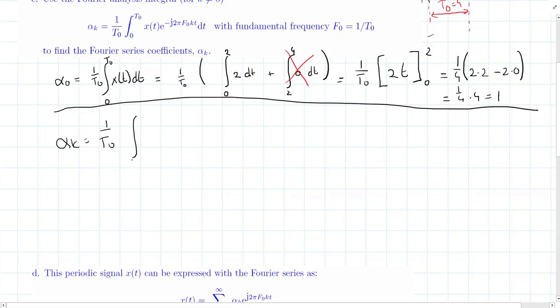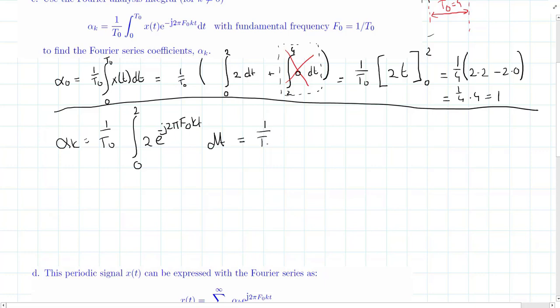However, we do not have a continuous signal, so this time we would again have to split this integral. From 0 to 2 is the first part, and in this case our signal has a value of 2, and let's fill in the rest of the integral dt, and again a second integral is equal to 0, so that one vanishes.